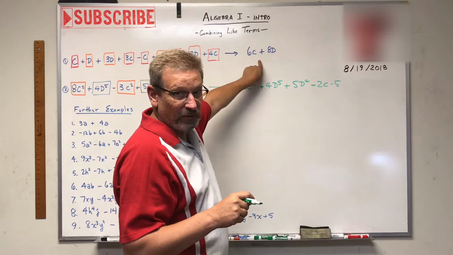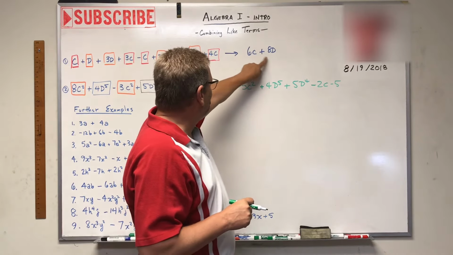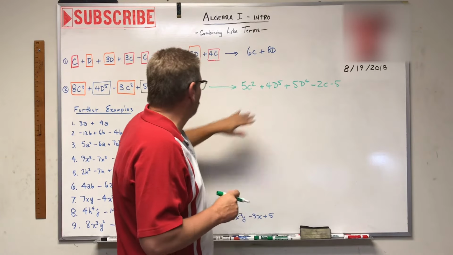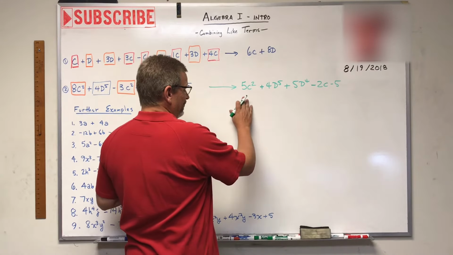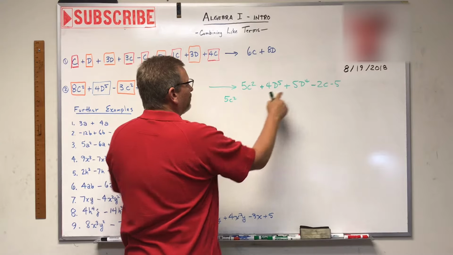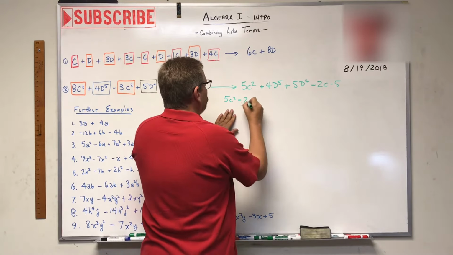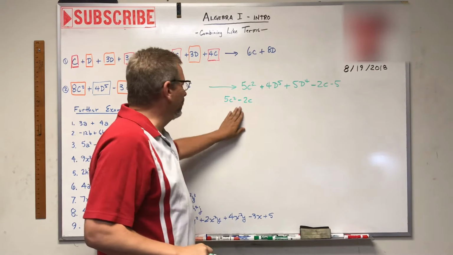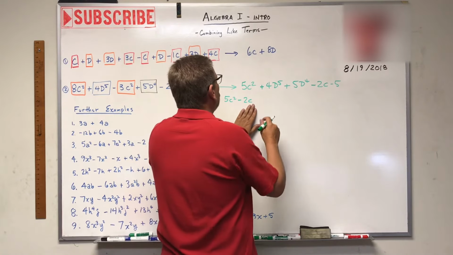Now this one's already in the right order, right? Because if you do alphabetical order, C comes before D, so that one's good, right? So let's do this one here. So we're going to start off with C first. So we're going to do 5c squared, and then we'll move the other c over there, minus 2c. Now our c's are in alphabetical order. And then we'll do what else?